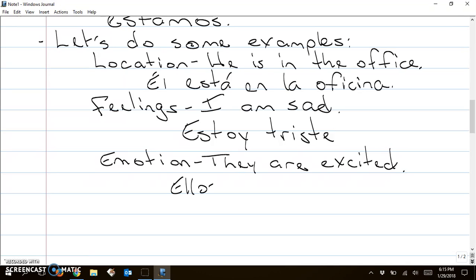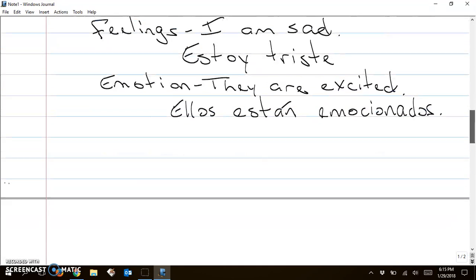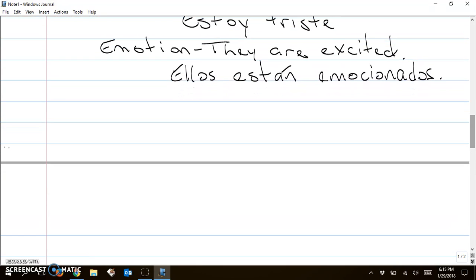So, ellos están. This is plural and masculine, so we do emocionados. They are excited. Very straightforward, very simple, pretty close to the regular AR endings. The last digit in your code is a 5.